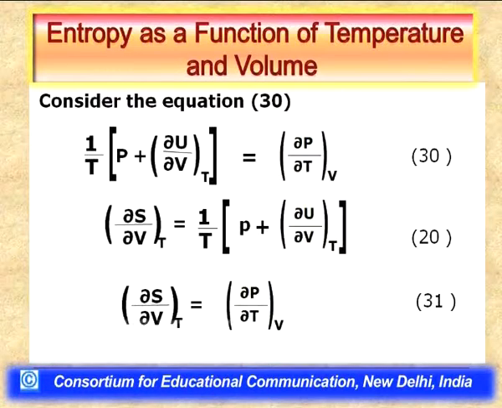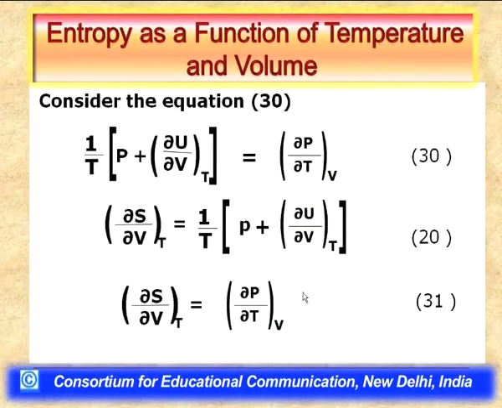These are the experimentally determinable quantities, and we relate them to changes in other state functions such as internal energy, enthalpy, entropy and so on. So this equation 31 is a very important equation. It relates the change in a property which we cannot directly determine experimentally with changes in those quantities which we can determine experimentally, like the change in pressure and the change in temperature under the condition of constant volume.